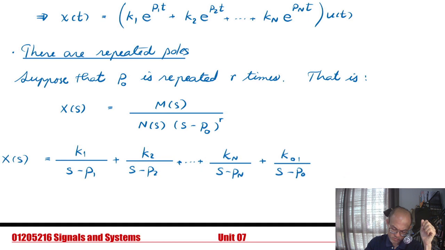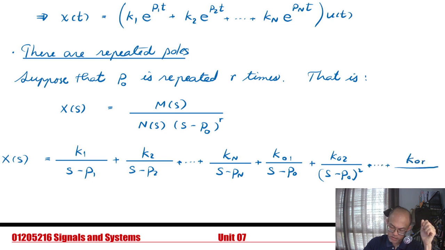I need to move them closer because we don't have much space here, and then plus k02 divided by (s minus p0) squared plus blah blah blah plus k0r divided by (s minus p0) to the rth.